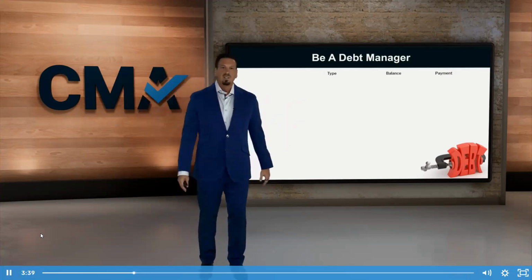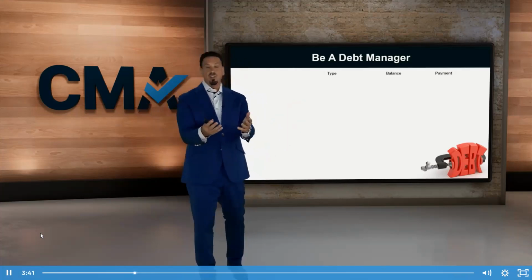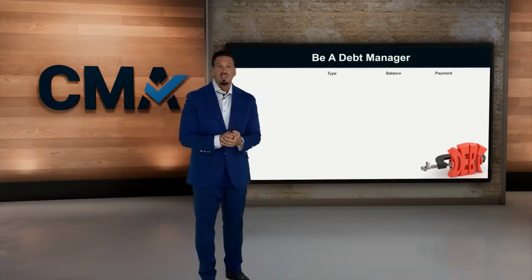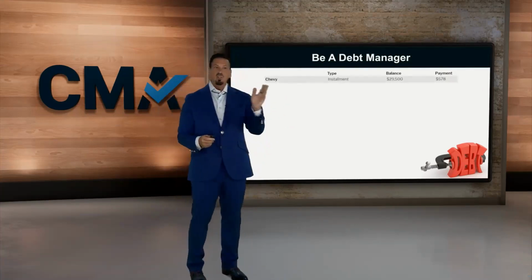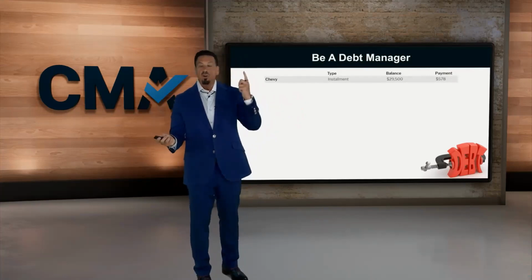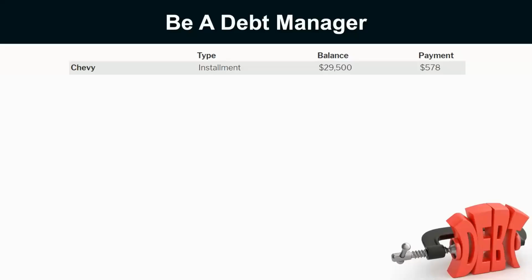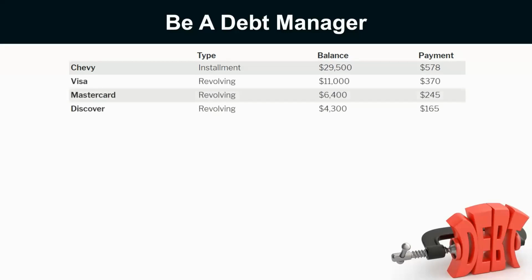How many debts do you have? What do you think the answer to that question is going to be in the vast majority of cases? They'll say, yes, I do. And as you start looking at the debts they have, let's use some benchmarks. Let's say they have one car loan, not two, just one. It's a Chevy, and right now the average car loan in the United States is in the mid $30,000s, so let's say their balance is even less than that. Then they've got three credit cards, a Visa, MasterCard, and Discover, for a little over $20,000.